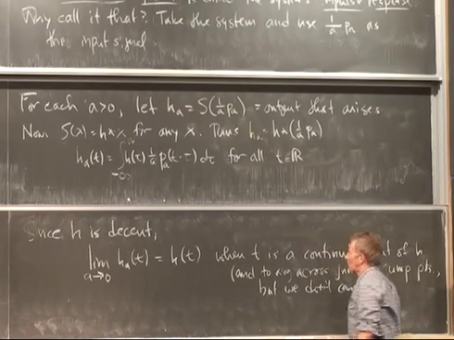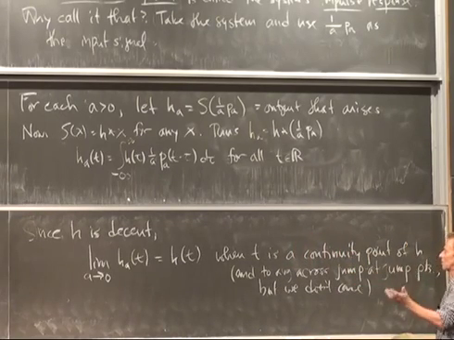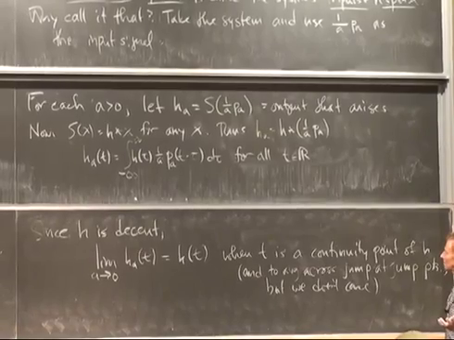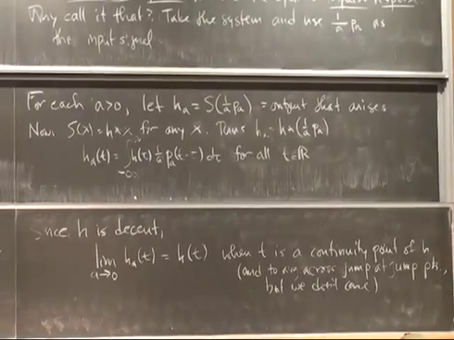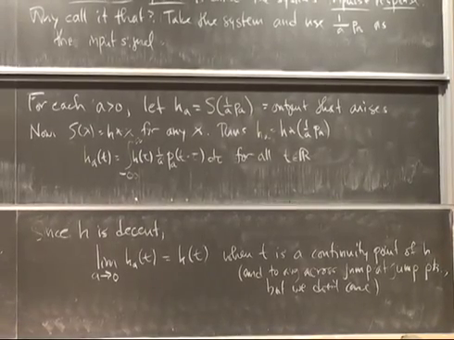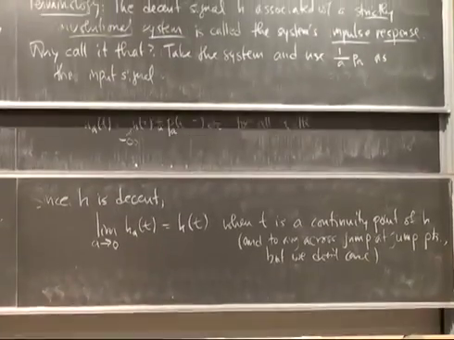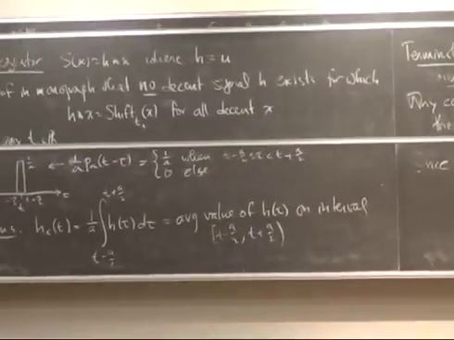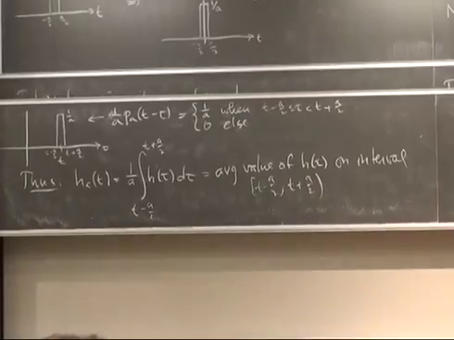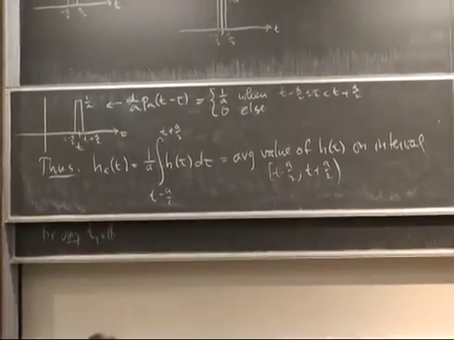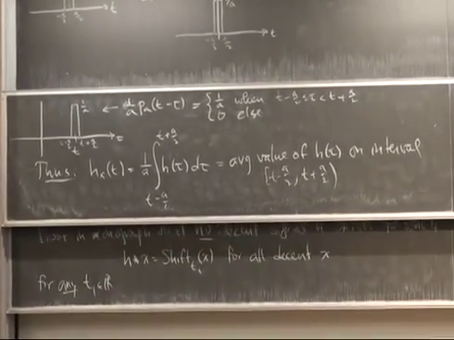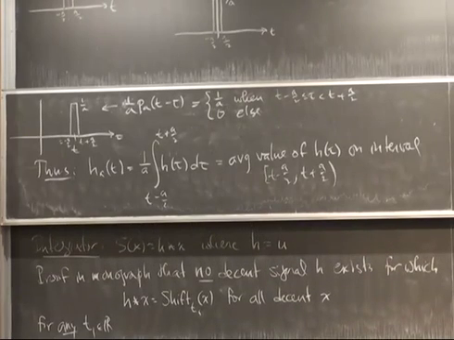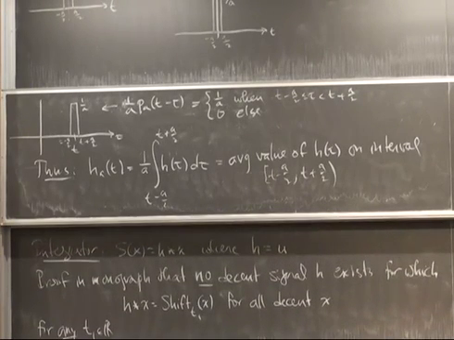So essentially, for all practical purposes, the limit as a goes to 0 of H_A of t is h of t. But what is H_A? H_A is the response to 1 over a P_A. So this is what we've got now.